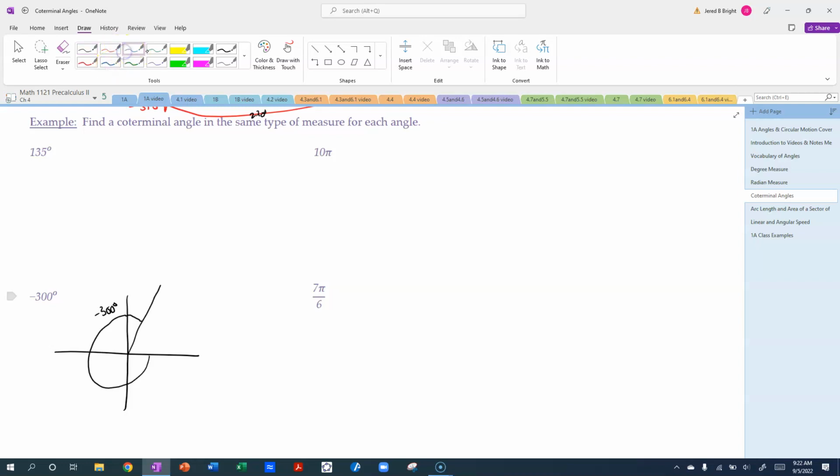If I want to find a coterminal angle, since this went clockwise, I can always go counterclockwise instead.